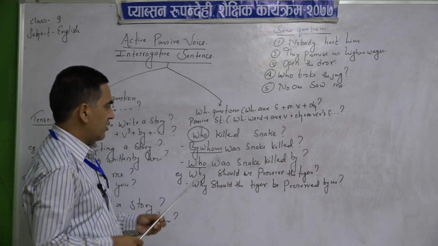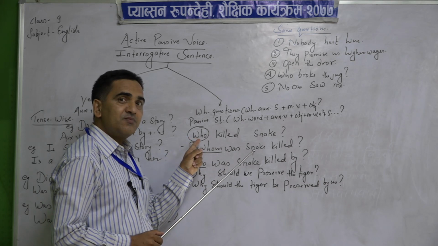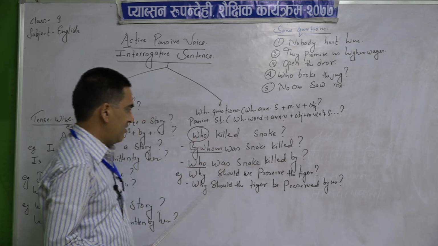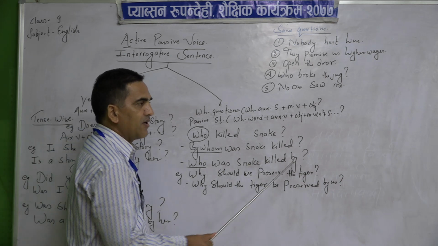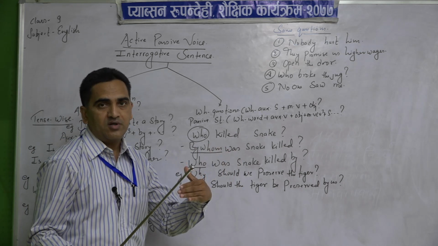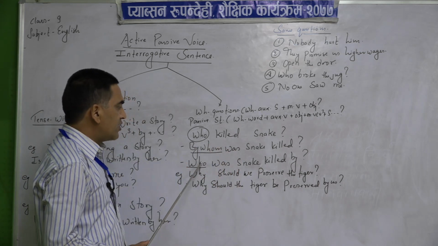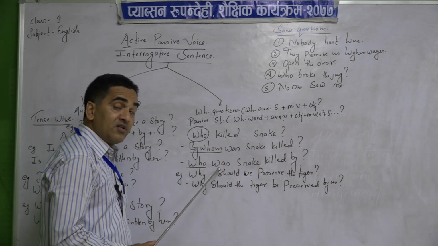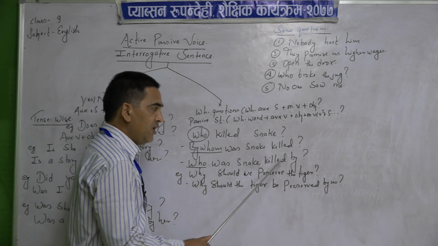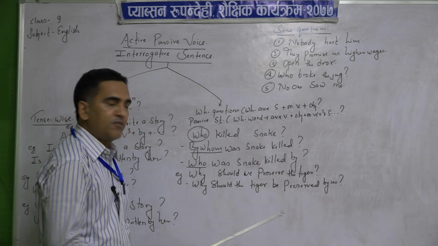Now the next one: we can start the passive with who also. Who was the snake killed by? My dear students, you have to remember the position of verb, object and subject. When you write the WH word who, after that there must be the auxiliary verb, then the object and V3, and at last by, plus a question mark.